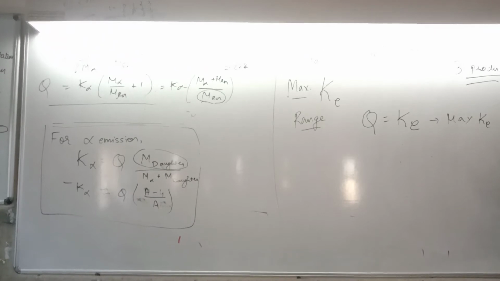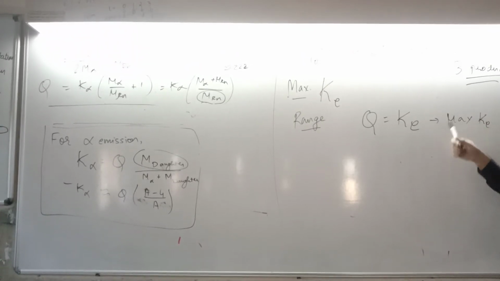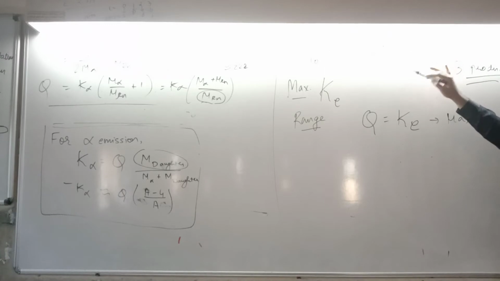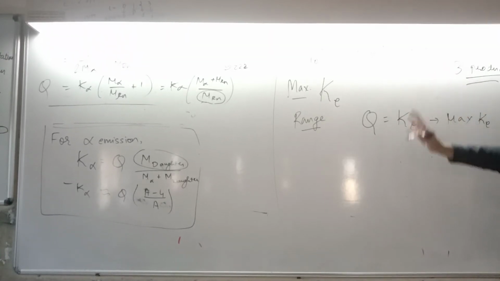All the Q value goes to the electron, so it gets maximum kinetic energy. Whatever energy is released by this reaction, the electron takes it all.